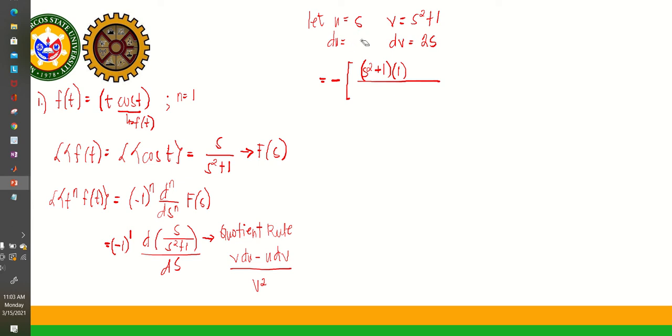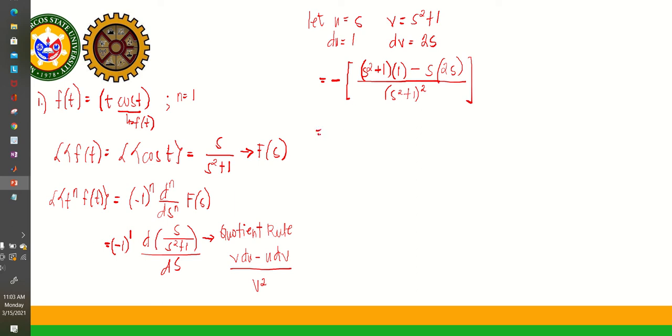The derivative of u with respect to s: since u is equal to s, ds over ds is 1. So, our du is 1. And then minus u, which is s, times dv, which is equal to 2s. And then over v quantity squared. So, this is our derived function.